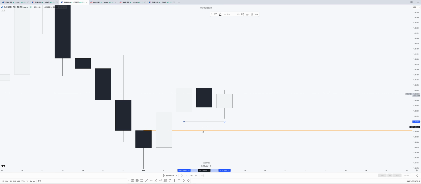So we don't need to come back here anymore because the high time frame draw has been created already. So this is done. We don't need another high time frame draw. On this time frame, we are just focusing on going long below the daily candle, in this case, which is here.